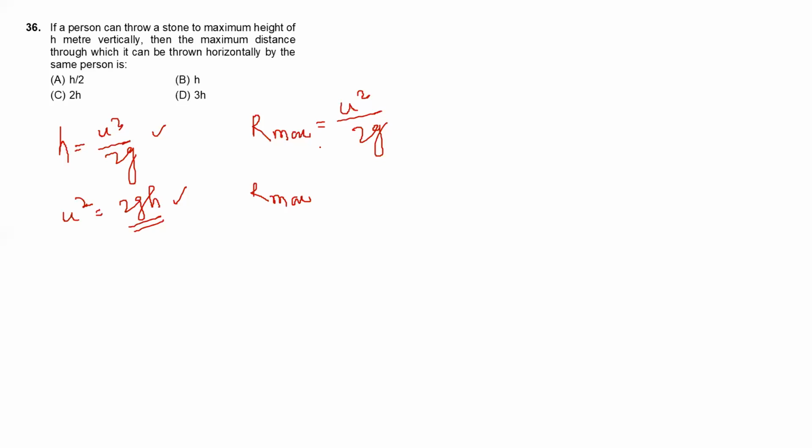So R max is equal to u square by g, and putting u square as 2gh, we get 2h. So if vertically he is able to throw h height, horizontally he can throw up to 2h distance. Yes or no? Yes, sir.